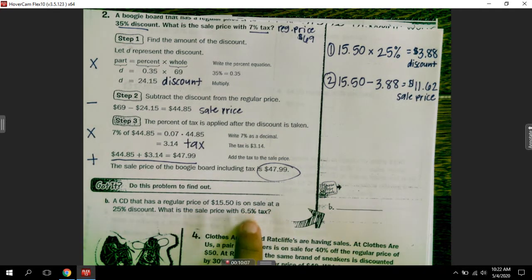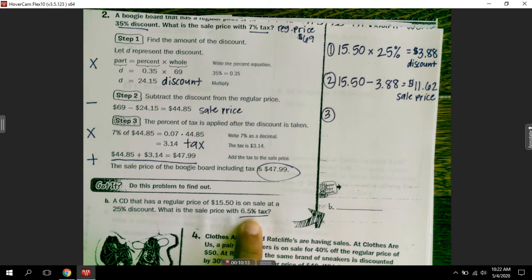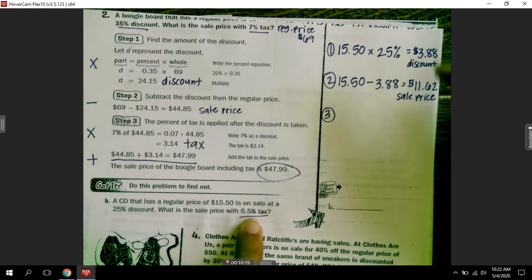Now we need to take into consideration the 6.5% tax. So step 3 is to find out how much tax you're paying. Remember, I'm not paying attention to that $15.50 anymore. The new price that I'm looking at is the sale price, the $11.62. So to find the tax, I'm going to do the sale price times the tax percentage.